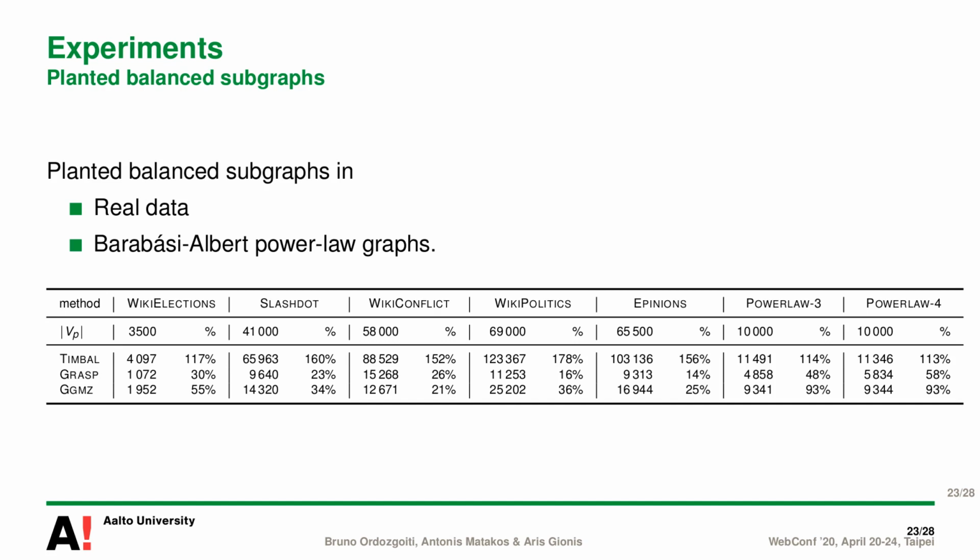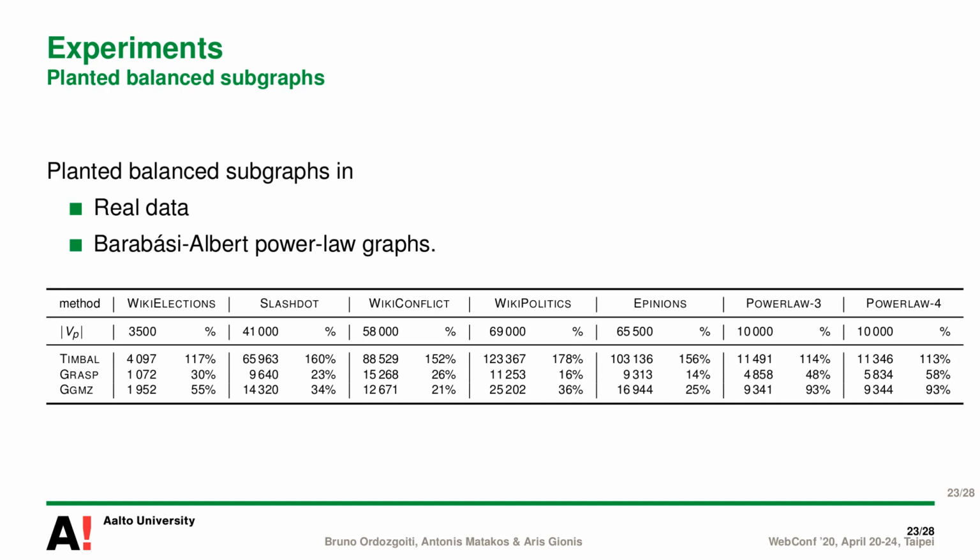We also evaluated the methods on graphs with planted balanced subgraphs in order to figure out the extent to which each of the algorithms is able to correctly find a balanced substructure that is known to be in the data.